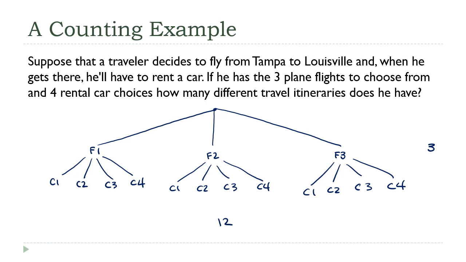And going to the next level, because he had the same number of options for each of those 3 choices, the number of choices increased by a multiple of 4. 3 times 4 is 12. And there you see the multiplication come into the process.